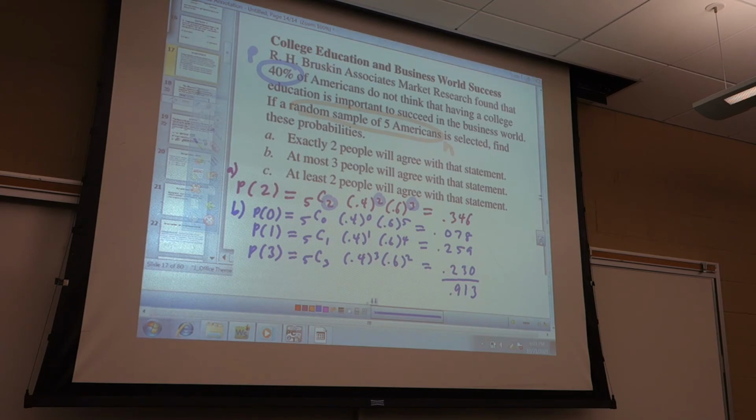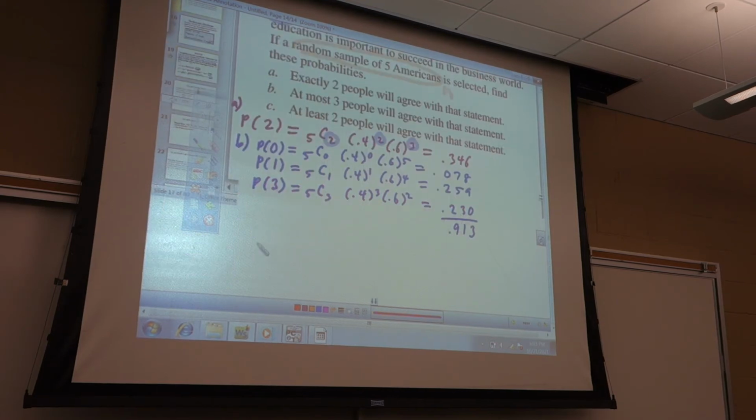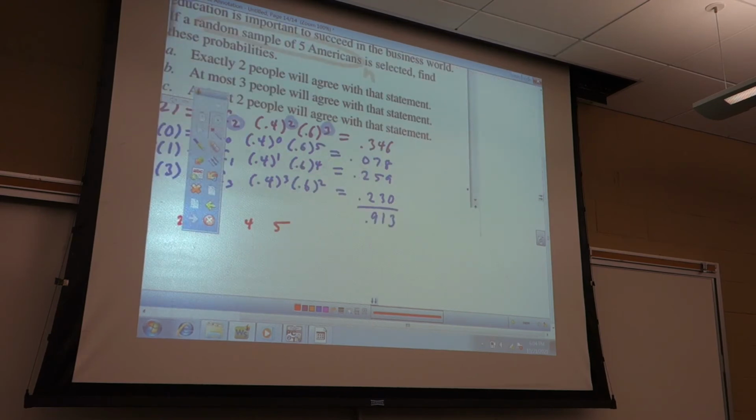All right, great. Now here's the thing. C works like this. C is at least 2 people. How many does that mean? 2, 3, 4, or 5, yeah? All right, so here's the deal. Here's everybody. I can have 0 successes, 1, 2, 3, 4, or 5.